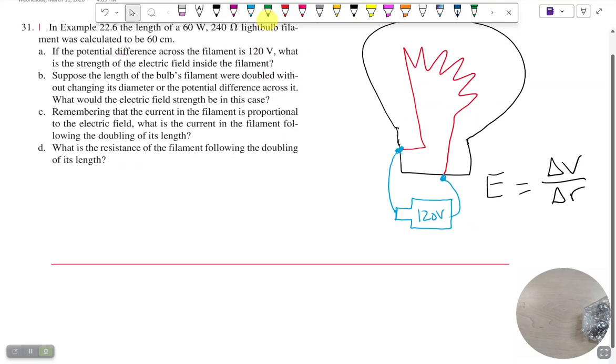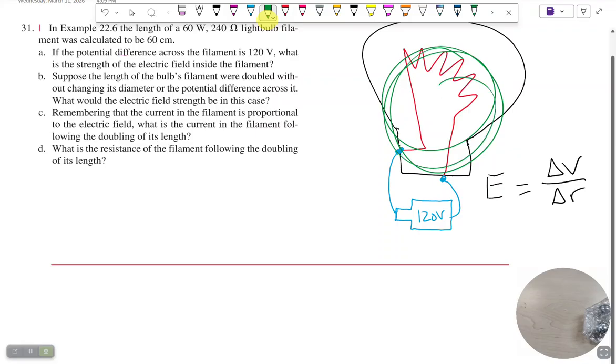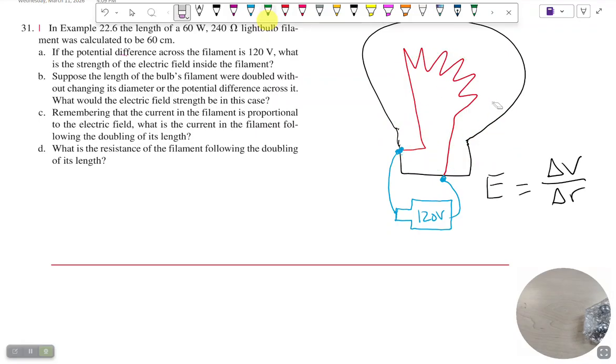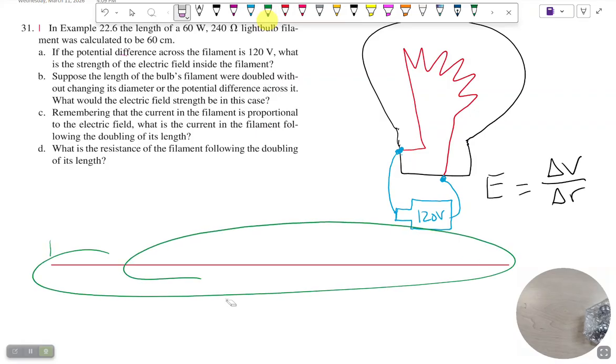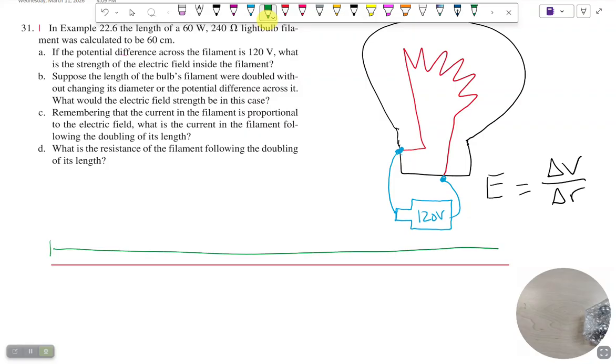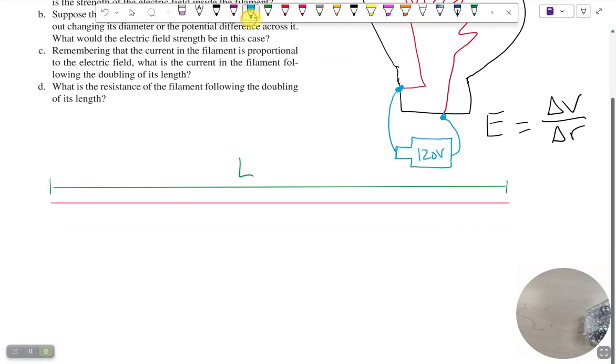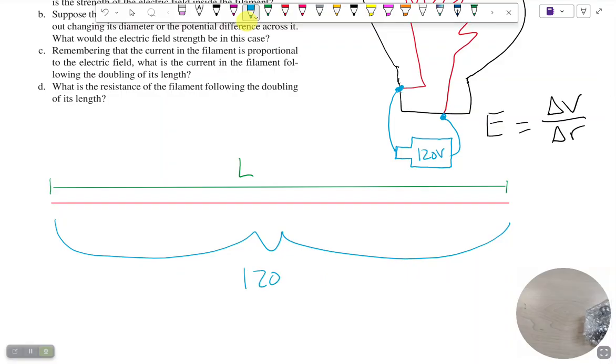I took this and I'm stretching it all out. If I took each end of this filament and stretched it out, it would look like this. This is the original length L, and the potential difference across here is 120 volts.